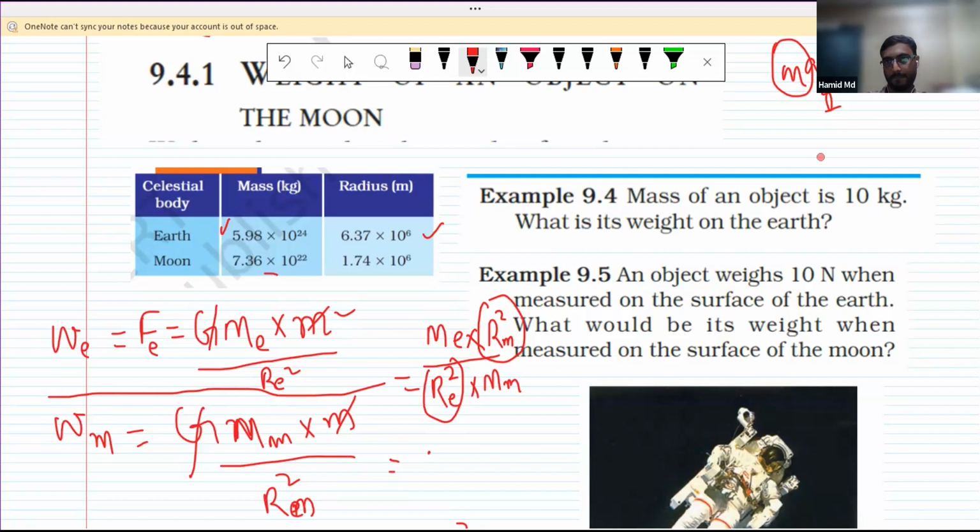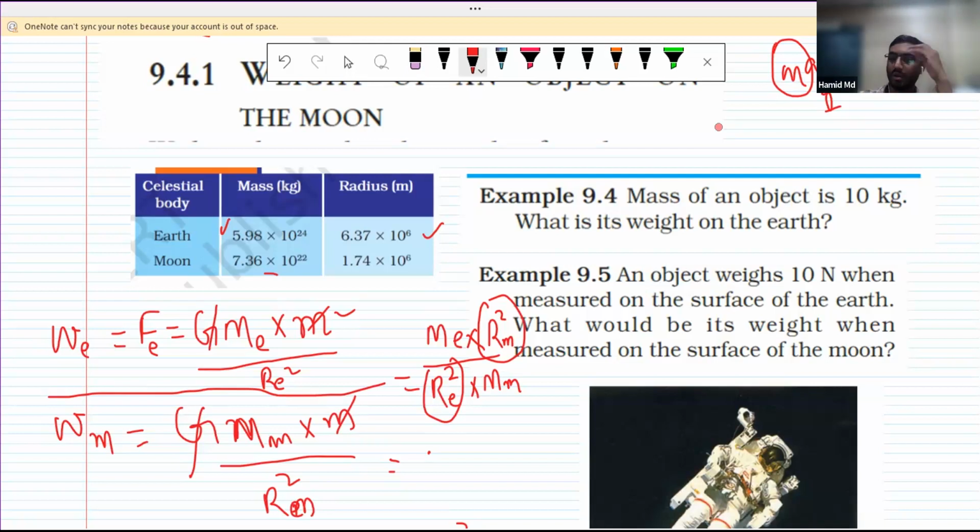For the weight of the object on the earth, what is the unit? How do we define the weight?